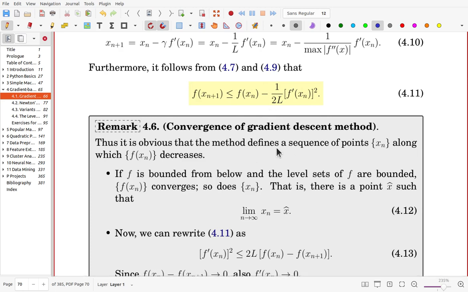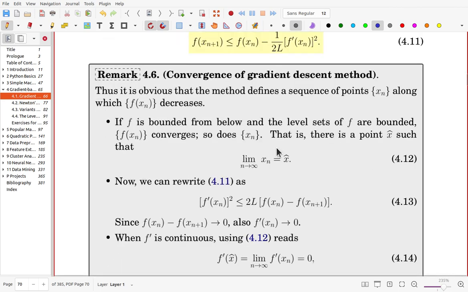Here we'll see the convergence of the gradient descent method. Obviously, the method produces a sequence of points, and f of xn decreases. Once f is bounded from below, f of xn converges, so xn will converge.